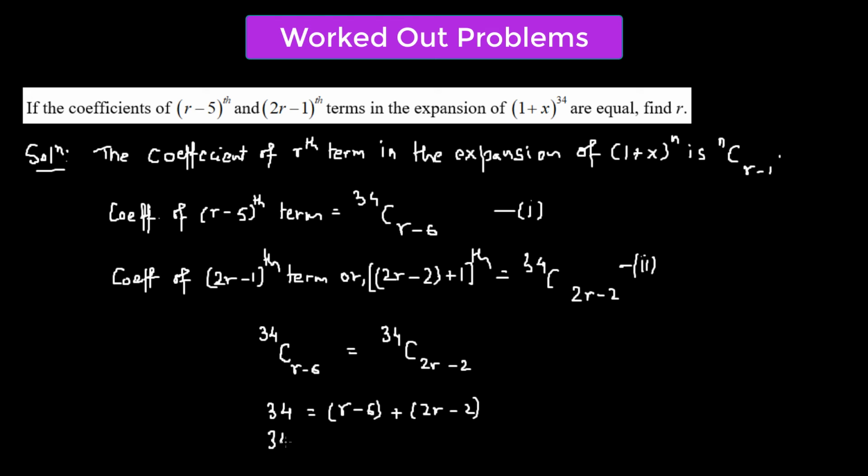So that should give us 34 is equal to 3r minus 8. So we have 3r equals 34 plus 8, which is equal to 42. So the r value is 14. So this is the value of r. Let's move on to the next question.